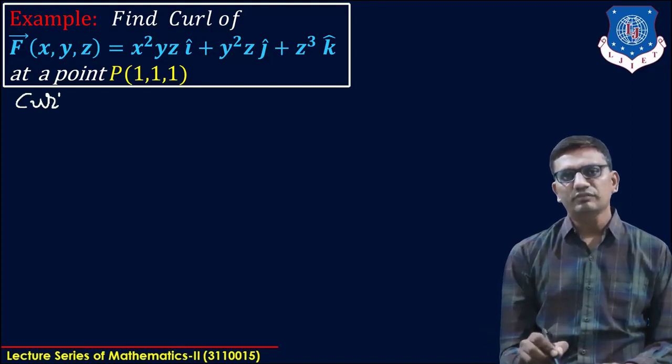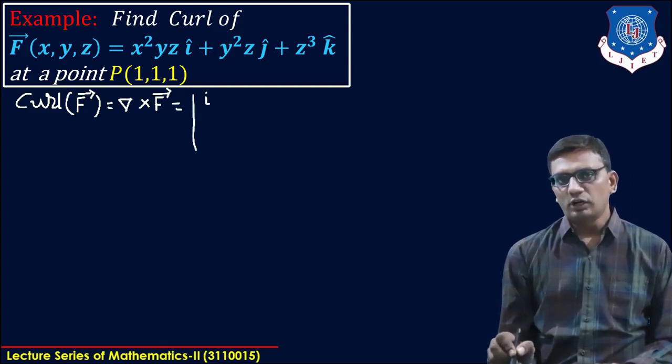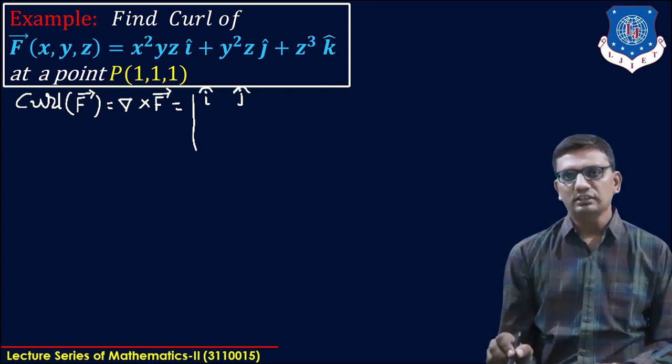Here curl of f bar is given by the formula curl of f bar equal to del cross f bar, which is a vector quantity. So our answer is in vector form. In the divergence we have a scalar form answer. So the first row is i, j, k in the curl of f bar. The second row is the del operator: del by del x, del by del y and del by del z.